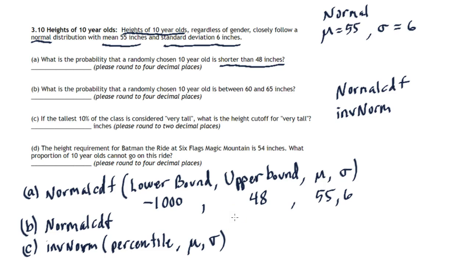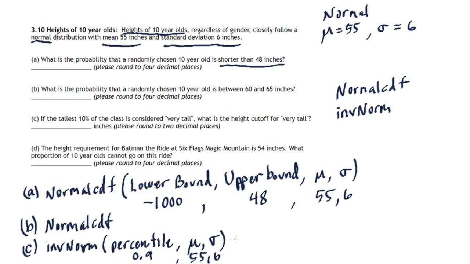Percentile here meaning less than or equal to some value. So tallest 10%, that means 90% is below. So that would be in decimal form 0.9, and then you'll have your mean and standard deviation right here, comma, mean, so 55 and 6. Okay, so that's C. That's how you approach it.